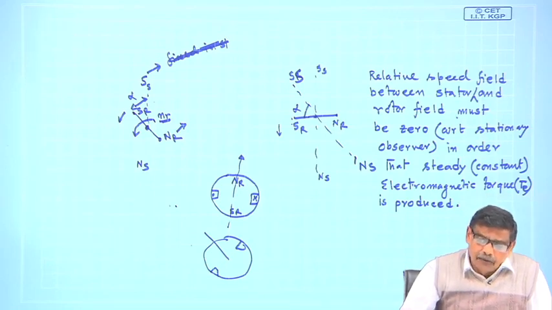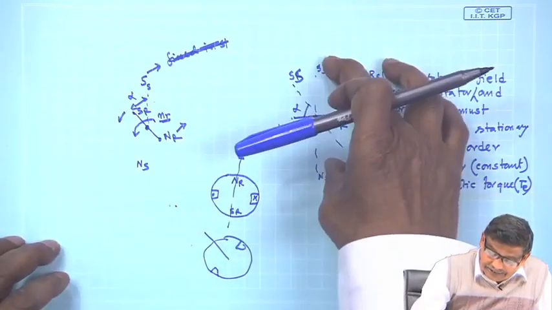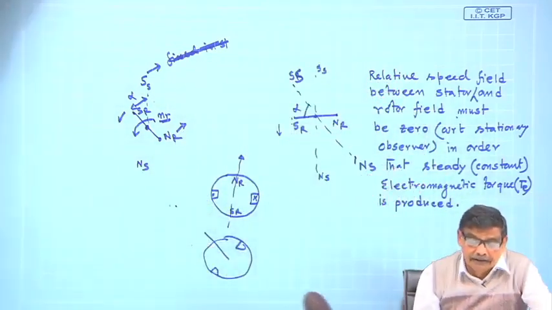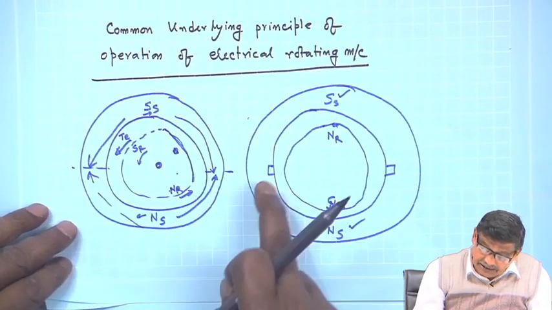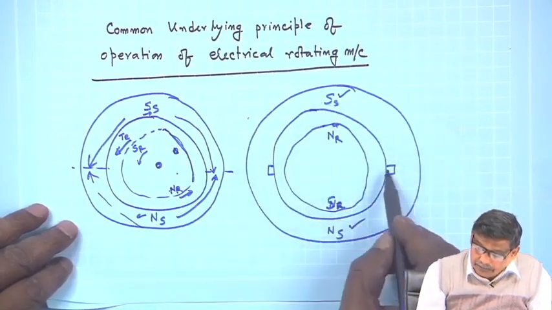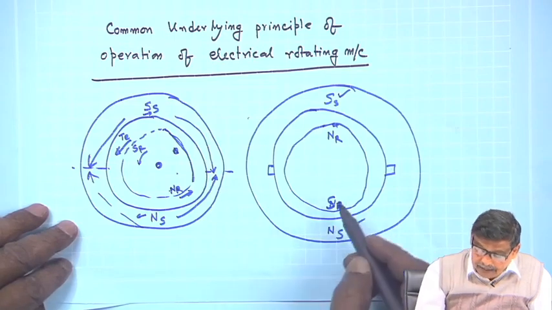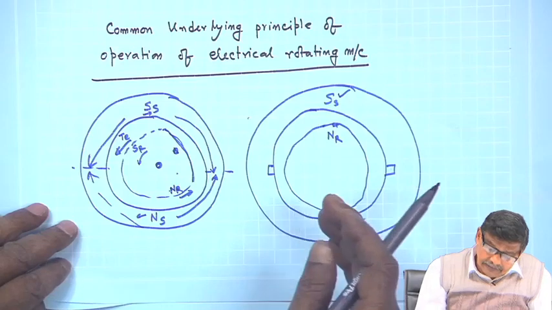Understood? And one should understand that if you have a situation like this, and you are passing a DC current, SS NS is produced, and NR SR is also produced by some DC current.